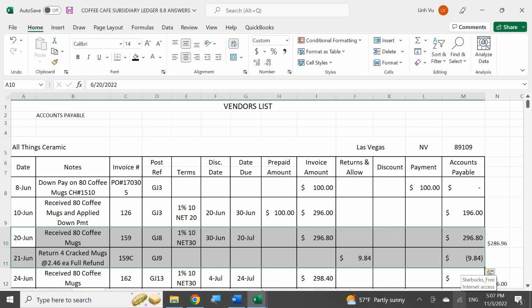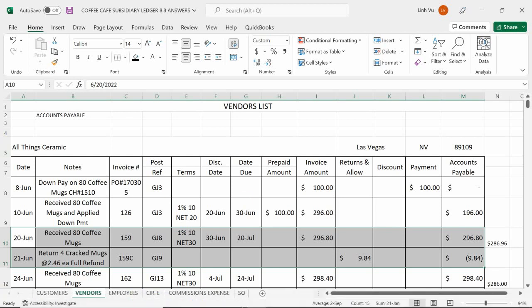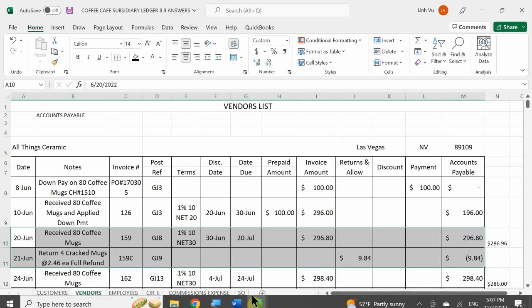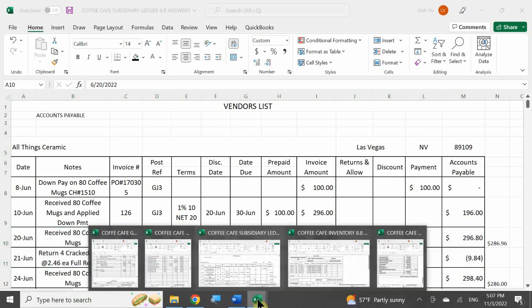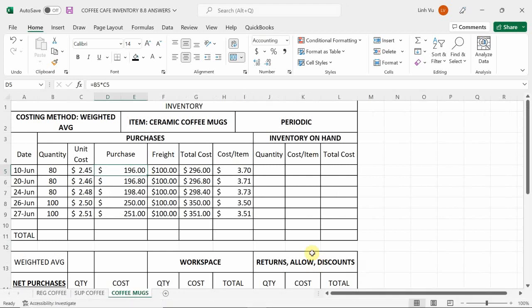So let's take a look at this one. I started out with $296.80. I returned $9.84, right? But I have to remember, this price includes freight. Let's take a look at my inventory worksheet once again.